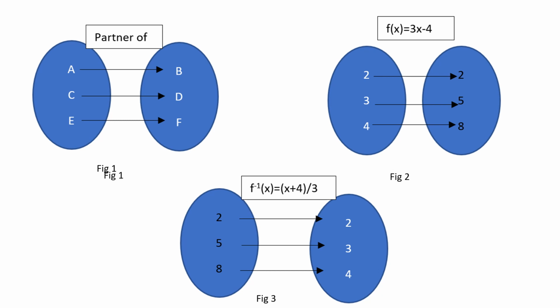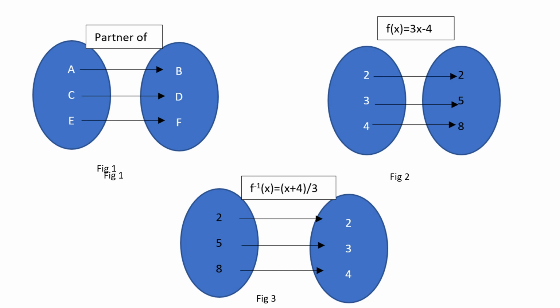Here I have included some examples to make the concept clear to you. You just consider the first figure. In the first figure, we are having two different sets and the elements are related using the function partner of.